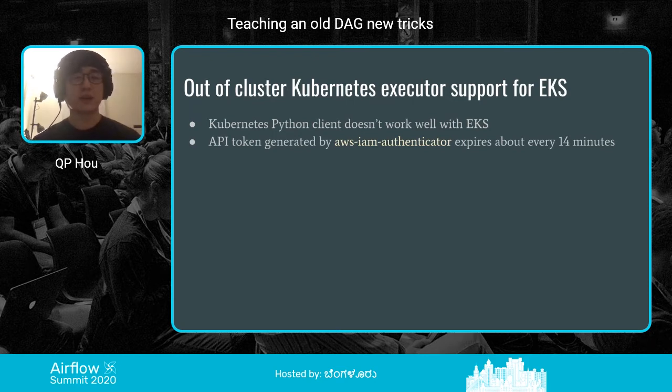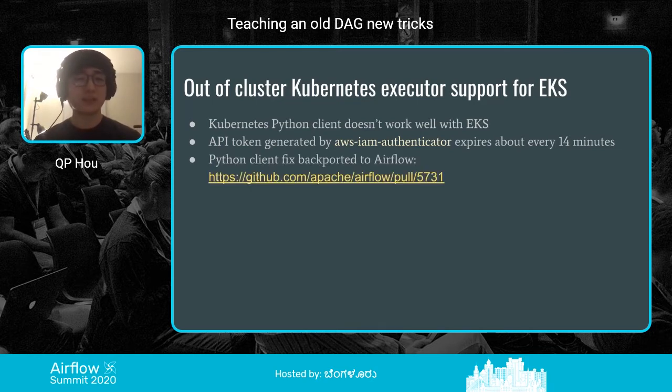In Airflow terminology, we call this out of cluster mode, where the executor cluster doesn't run within the same Kubernetes cluster that the Airflow scheduler is running in. So when you have this combination, your scheduler will only work for the first 40 minutes.